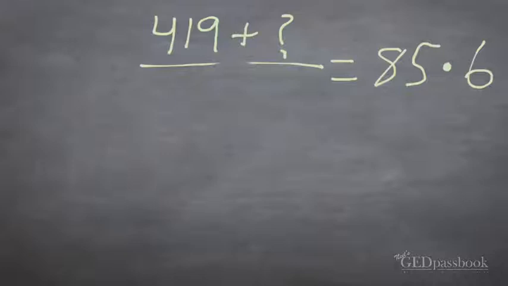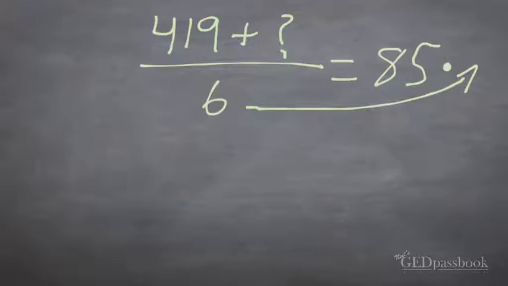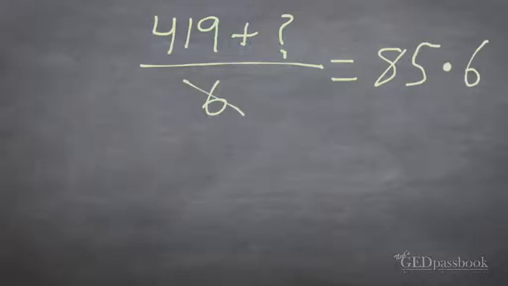So whatever your bottom number is, just erase it and throw it over there. And then you multiply it. So then you ask yourself, what's 85 times 6?